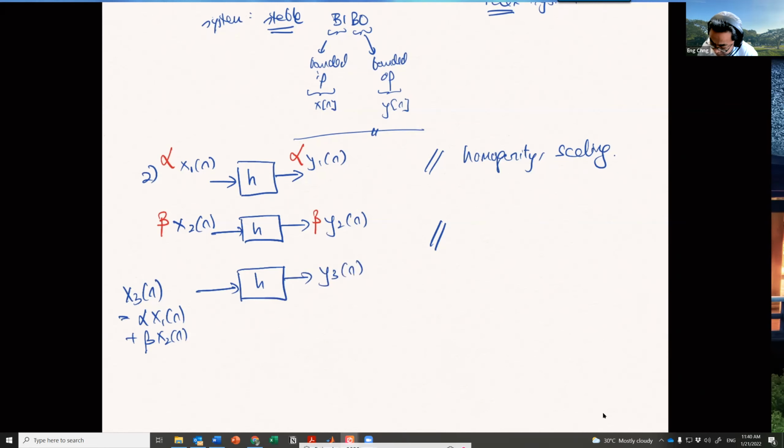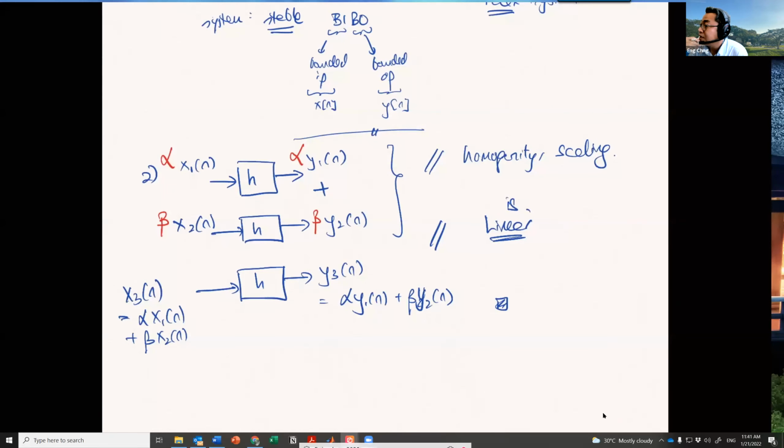And the answer is it must be equal to alpha y1 of n plus beta y2 of n. So if this property holds, then we say that the system is linear. If this property does not hold, then this system is not linear. Okay, right.